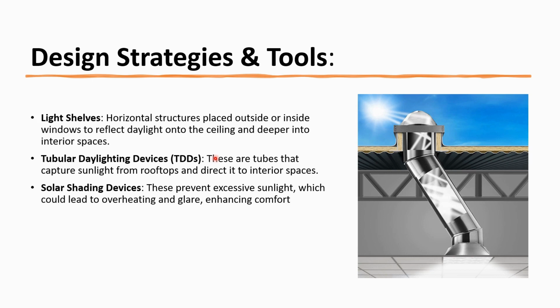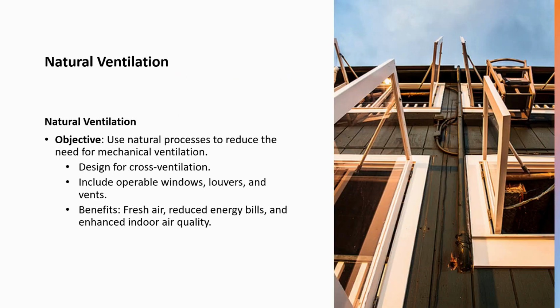Now we move on to natural ventilation. Natural ventilation utilizes environmental conditions to reduce our reliance on mechanical systems to ventilate a building. This is a very important characteristic of a green building because it not only aligns with sustainable building practices, but at the same time helps to enhance occupant comfort and well-being.